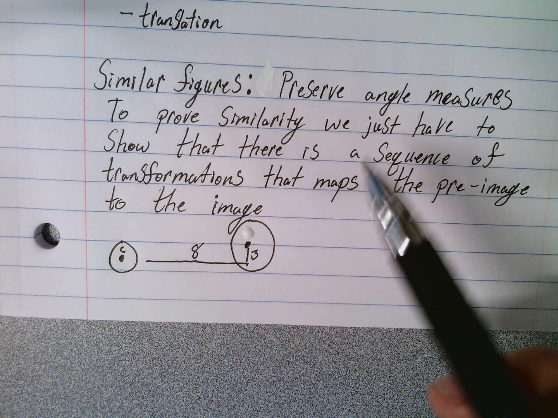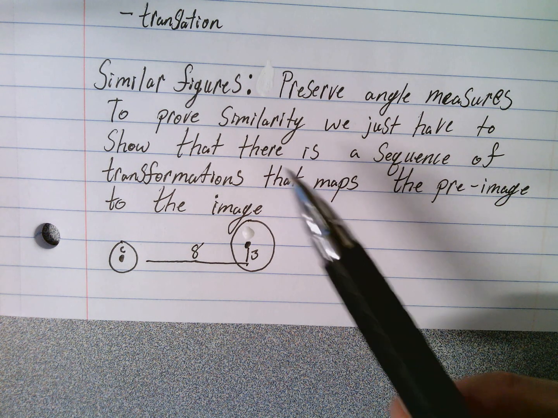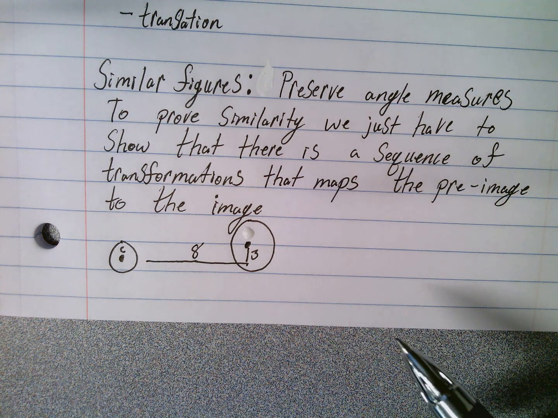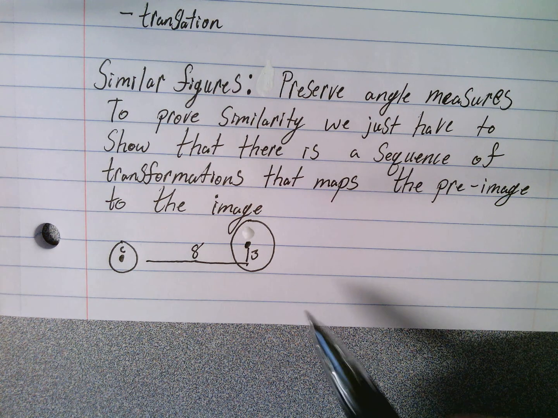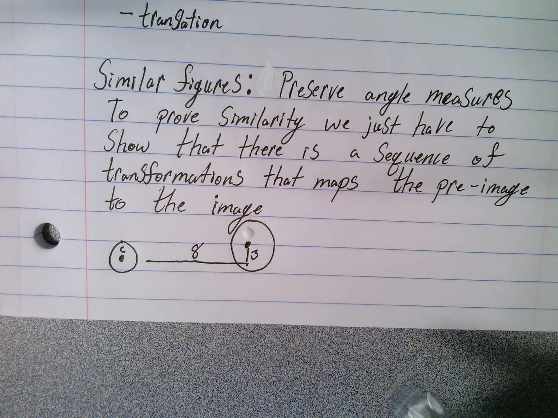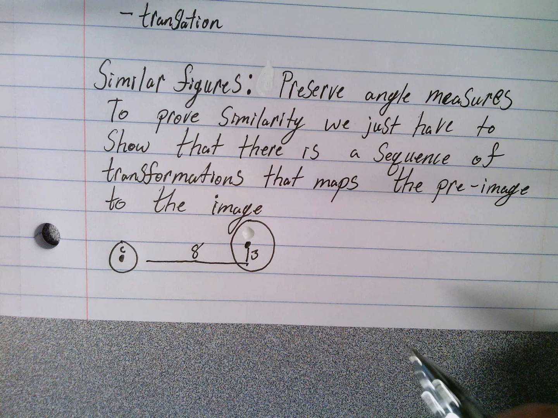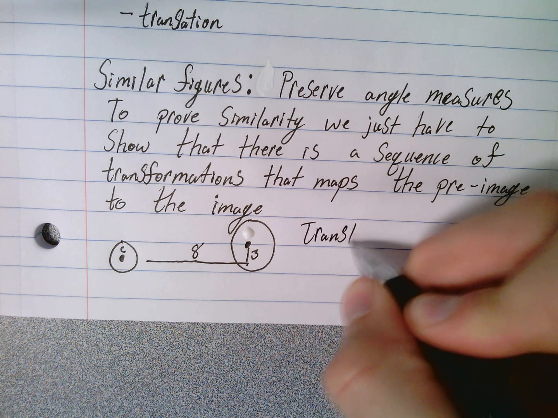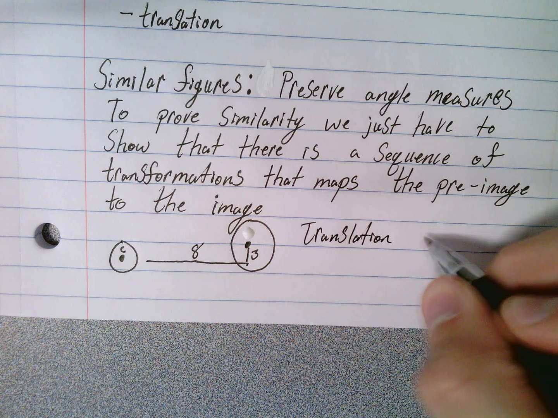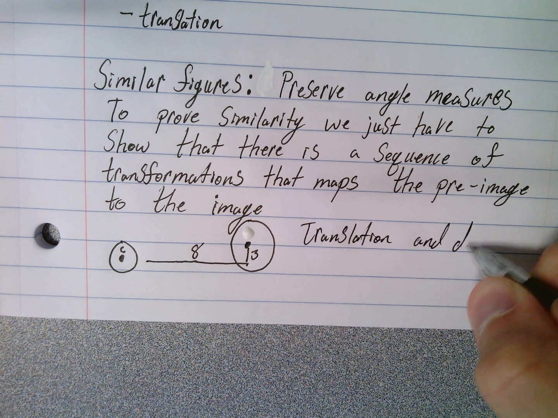So let's use these words here. If it preserves angle measures, and to prove similarity I have to write a sequence of transformations, what sequence of transformations could I use? Juliana? I would use a translation and dilation.